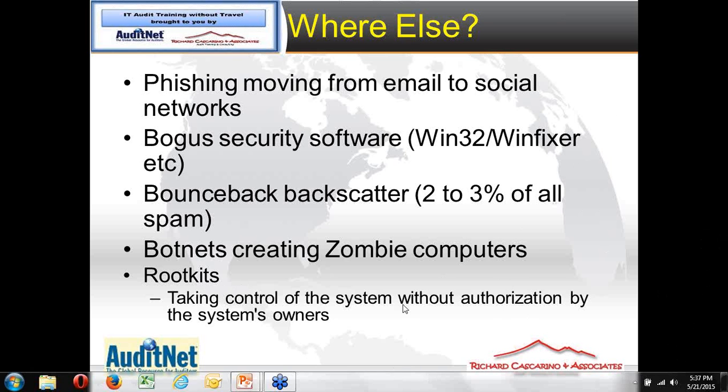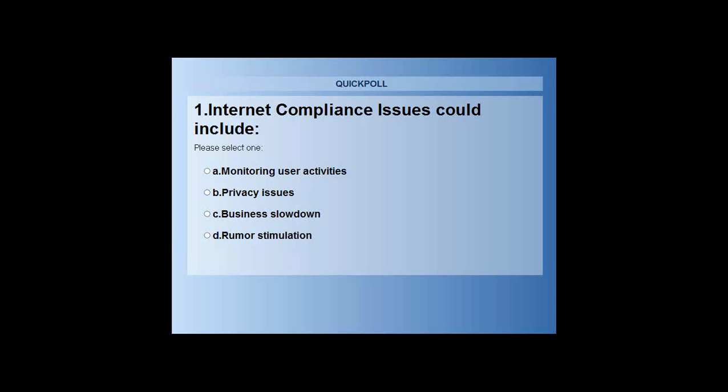Rootkits, capable of taking control of the system without authorization of the system users. And that will take us to our first polling question. The first polling question is looking at internet compliance issues, and that could include monitoring user activities, privacy issues, rumor stimulation, business slowdown.